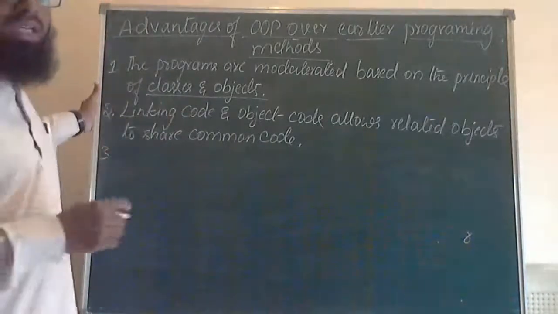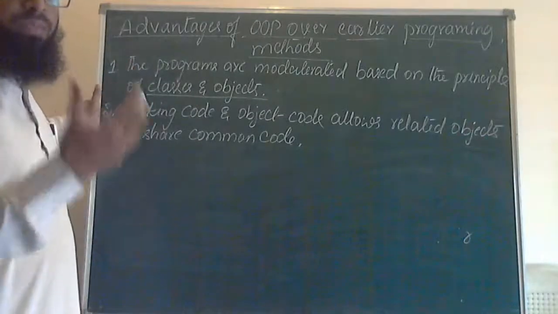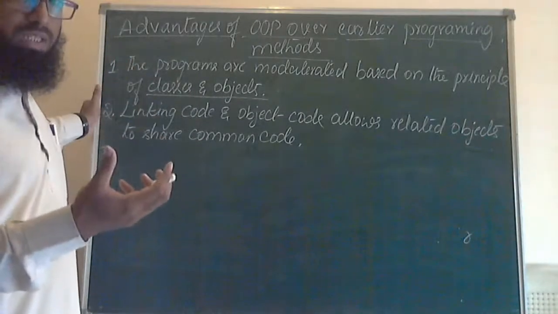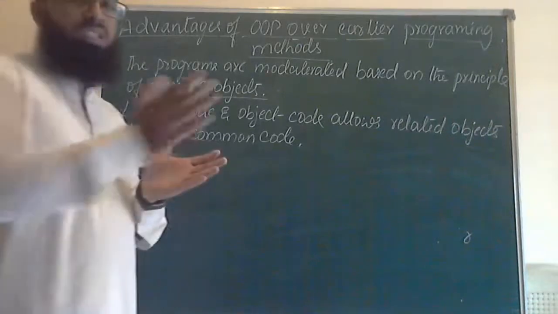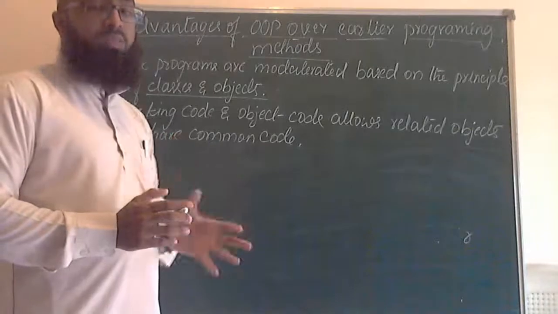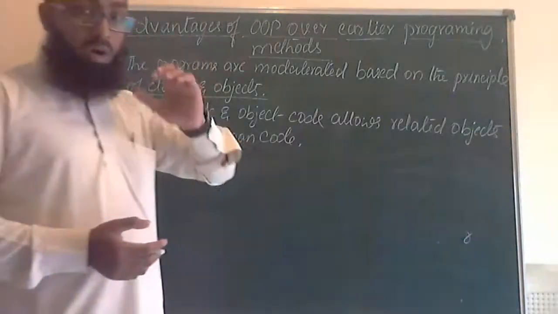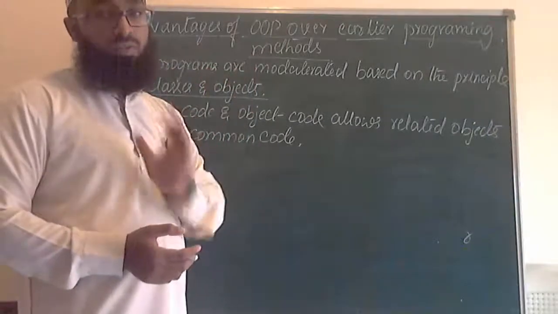This makes the execution of the program easier. If the code is present in one object and that code is shared with the related object, this helps in executing the program, and it will reduce the complexity of the program.